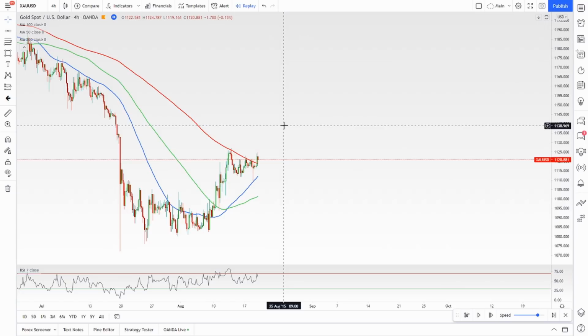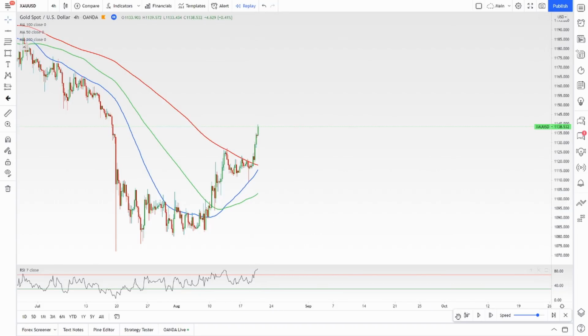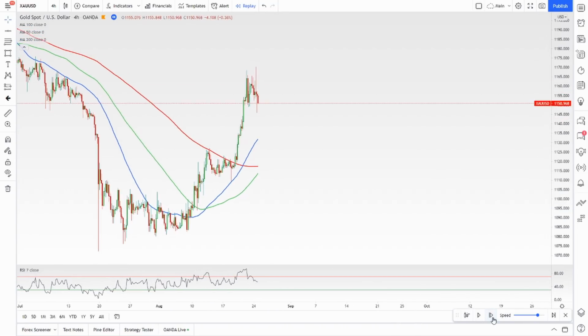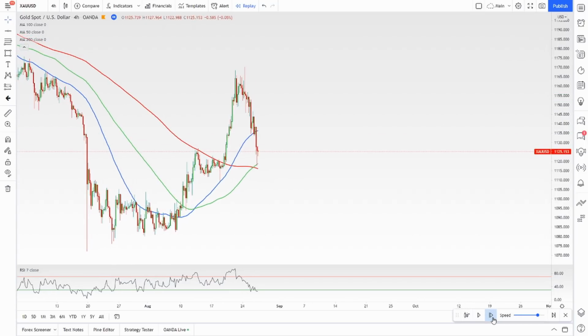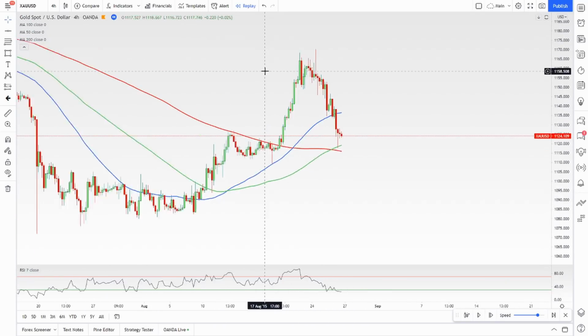Now, the first thing I should say is remember our criteria for an entry. So you're going to see it a couple times here. What I mean by criteria for an entry is, remember, we need to see all 3 moving averages lining up, and we need to see the RSI coming into an oversold or overbought reading. In fact, here is an example right now as we speak. Let's scroll in here and see if we can make some sense of this.